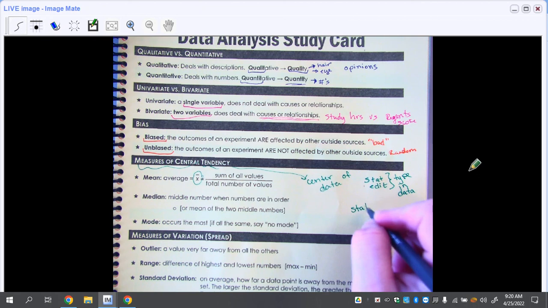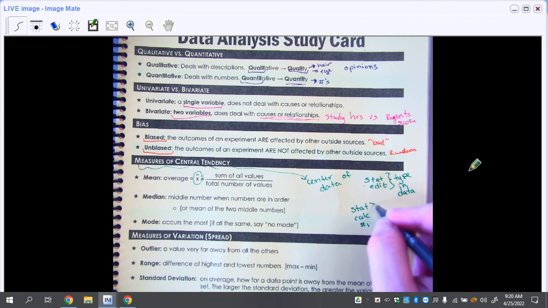That's to type in your data. Stat edit types in our data. And then stat calc option number 1. That's where you get your one variable statistics. One var stats is the shorthand that they use in your calculator, but it's your one variable statistics.